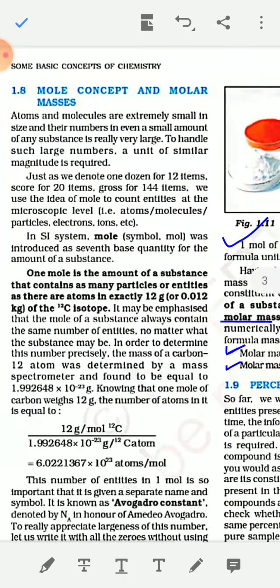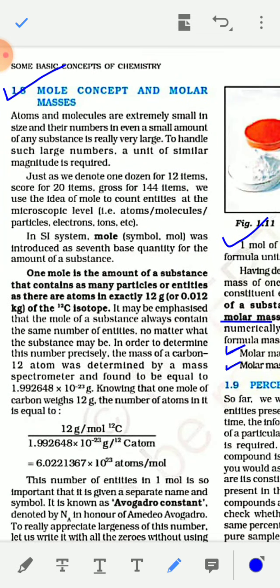Now, what is the mole concept and molar mass? What is the mole concept? Okay, mole. 1 dozen means 12 items, and 1 gross means 144 items. Similarly, 1 mole means 6.022 into 10 to the 23 items.